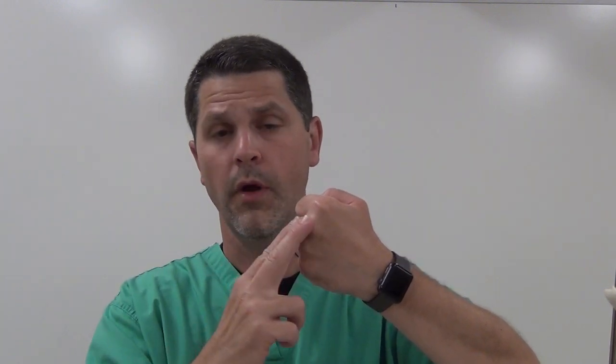So when you're feeling someone's back like this, you're going to feel these spinous processes, and you can use your thumb, or what I personally do, I take my index and middle finger, go over those spinous processes, and then bring them back together when they come back to midline. That helps me orient myself to what's midline on the body, right?